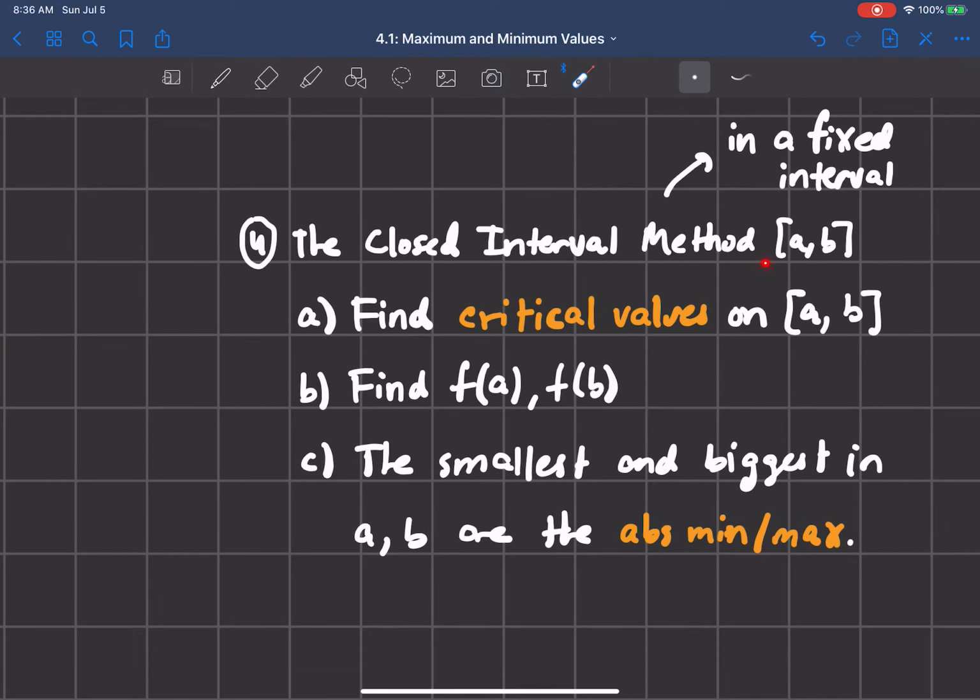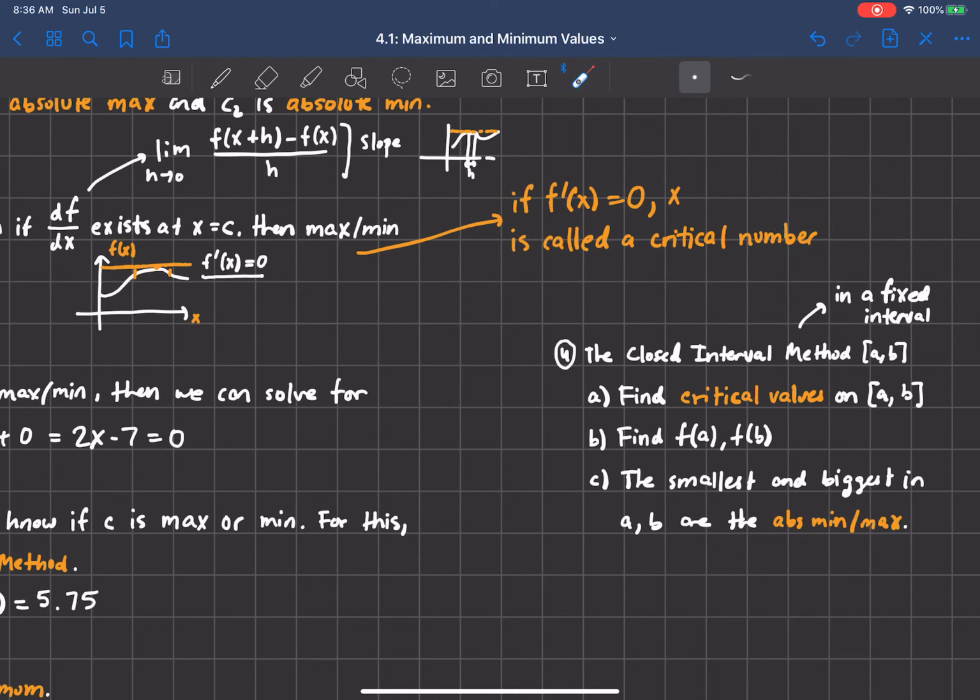The closed interval method for some fixed interval AB has 3 main parts. We start with A. We first find the critical values on this interval. What does that mean? Well, we just talked about it. The critical values are the critical numbers. These are all the points within our domain such that f prime of x equals 0.